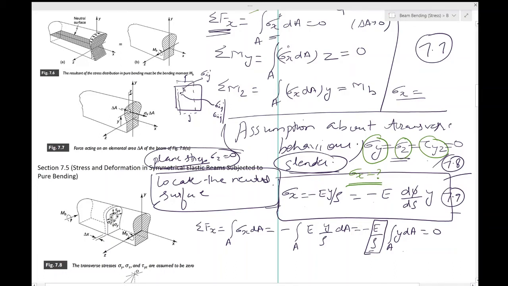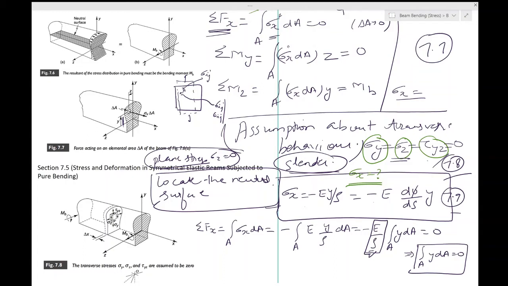What this implies, if this thing is not 0, is that the integral of y dA is equal to 0. So this is the first moment of the cross-sectional area about the neutral surface axis. This is the area and this is y, so y dA is equal to 0.